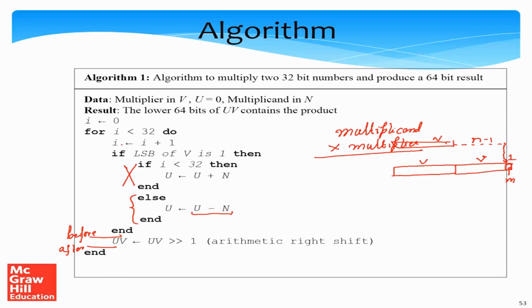The way this is ensured is by having a combined register, and initially the partial product is only in U and the end of the partial product is over here. So we keep on moving the end by one place. If we start looking at the multiplicand from the end of the partial product, it will appear shifted to the left by increasingly one position, which is exactly what we wanted to achieve.